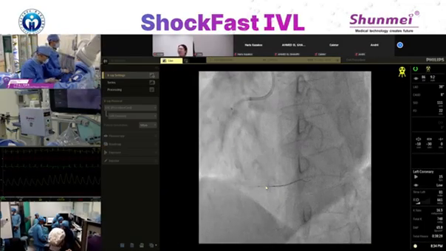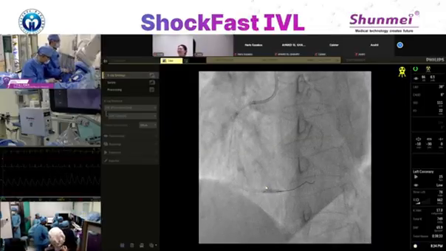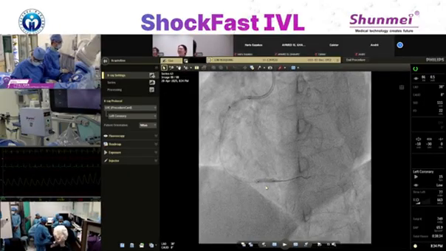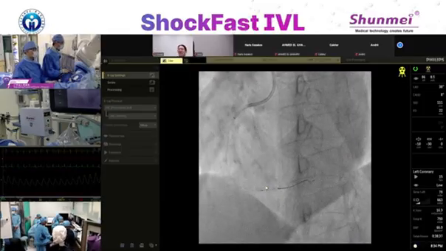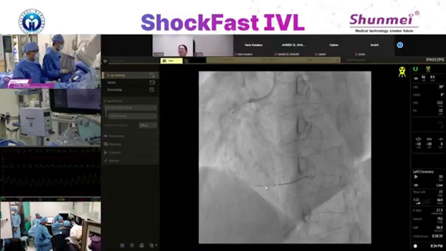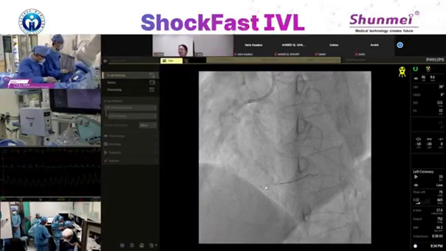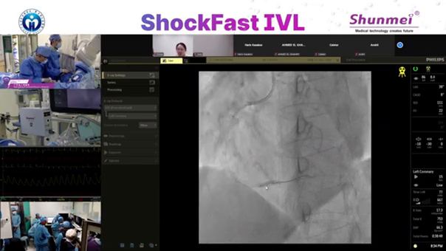Let's see. 16. Okay, down. Pull back a little more, now it's inside the stent? Okay. I pull back a little bit. Go to 20.